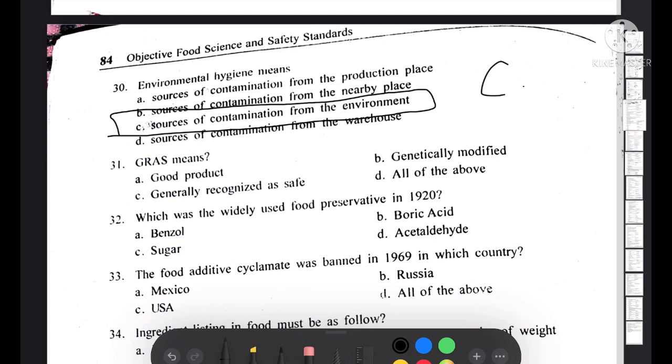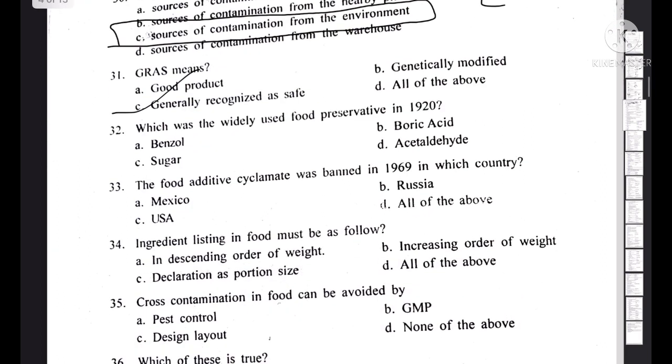Next, which was the widely used food preservative in 1920? The options are benzol, boric acid, sugar, or acetaldehyde. So the correct answer is the widely used food preservative in 1920 is boric acid.